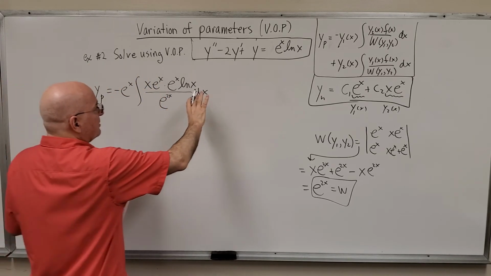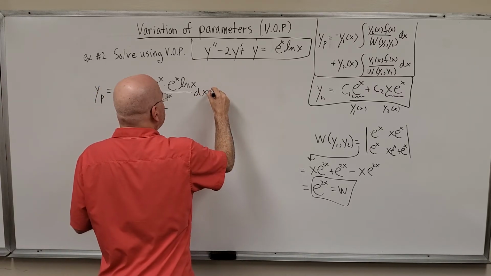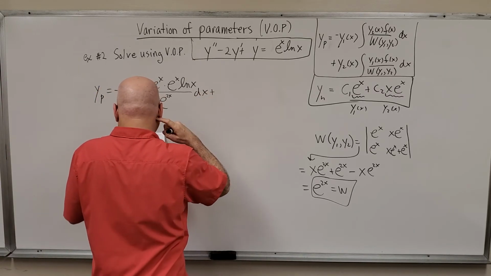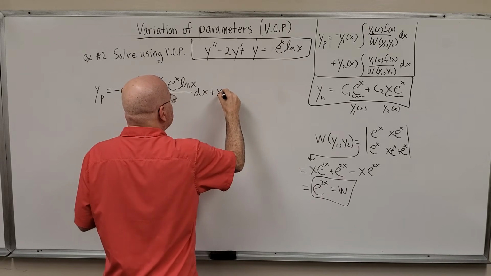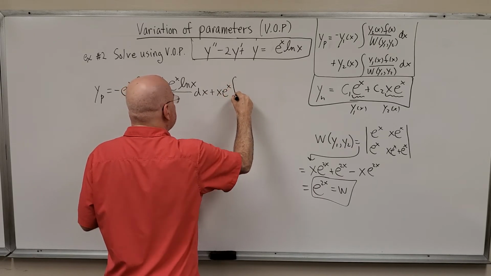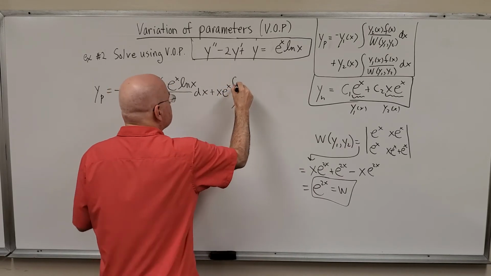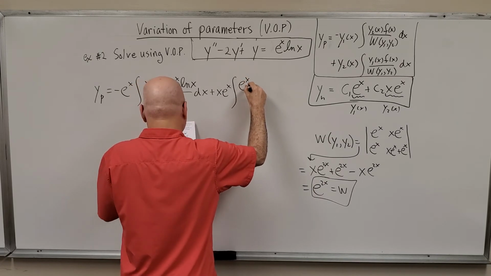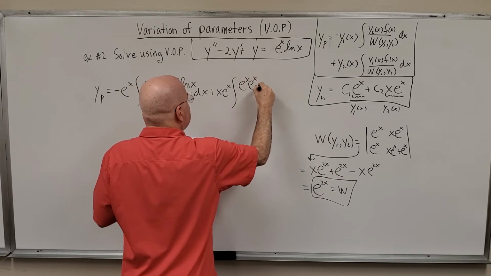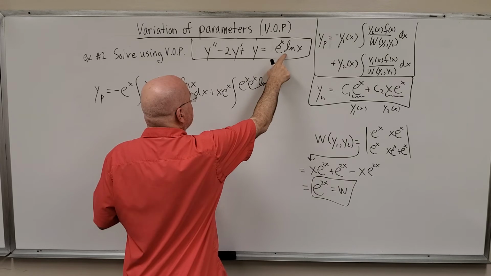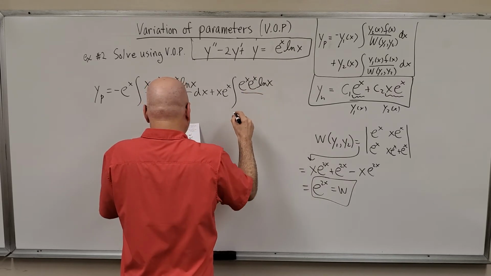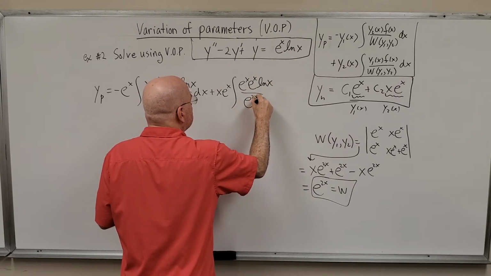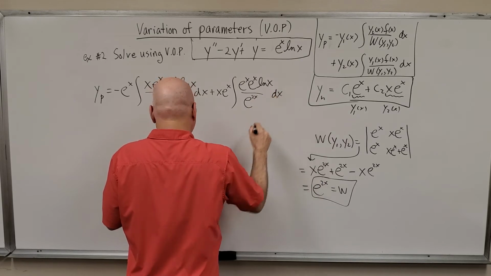Plus y2, x e to the x, times the integral of y1 f of x, which would be e to the x times e to the x ln x, again that's f of x, over e to the 2x dx.